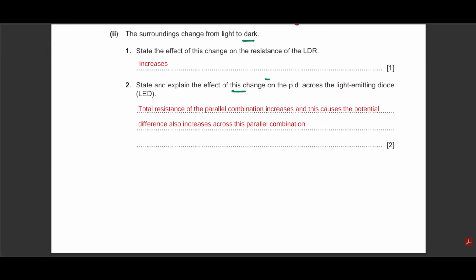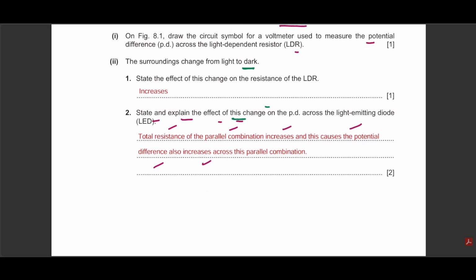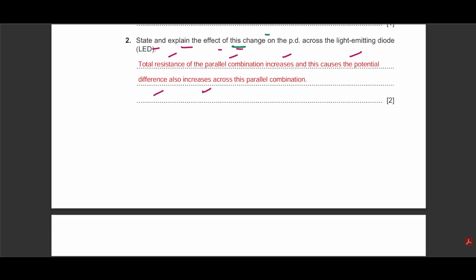So the total resistance of the parallel combination increases, and this causes the potential difference across the whole combination to increase, which is the effect asked for. Since we have connected the voltmeter across it, the voltmeter reading increases. This is what we will observe.